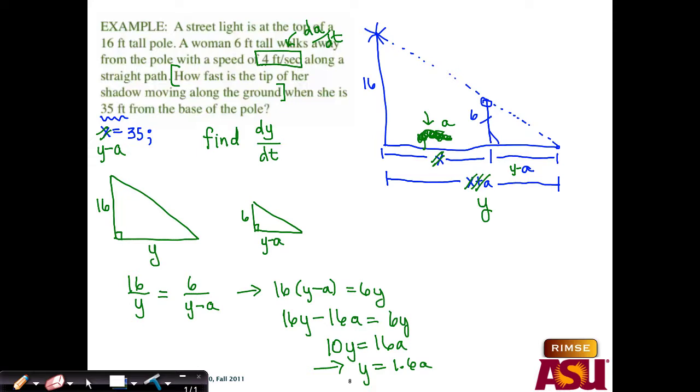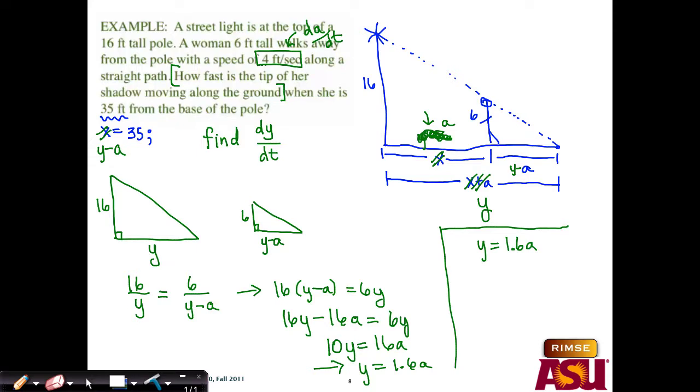So if I start from this nice simple equation, Y equals 1.6A. Simple equation, took a while to figure out what it is. But you can see in this equation, Y is this length here. It's going to be 1.6 times what this is because of the relationship between these heights.